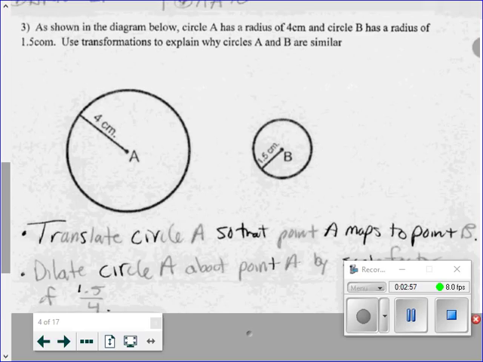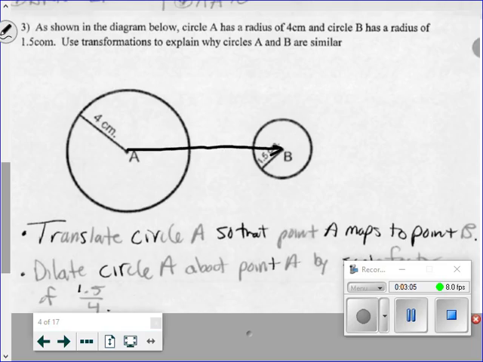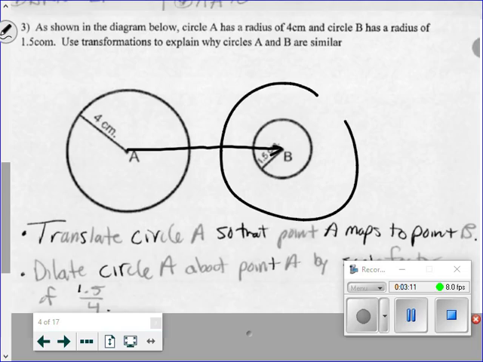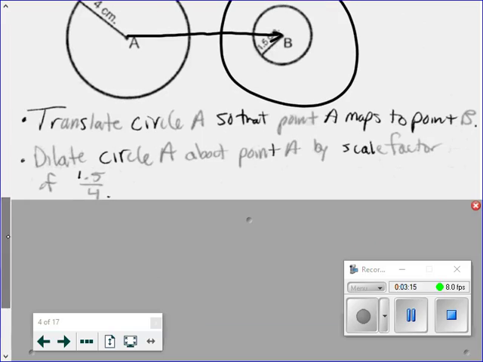On the back, you could have done this a couple ways. They want you to do transformations. The easiest thing to do is translate one to the other. So this one says translate circle A, so A maps onto B. So then it would be right here. And then if you wanted to make it smaller, you would do a scale factor of 1.5 over 4 to circle A. Make sure you have where it is centered.